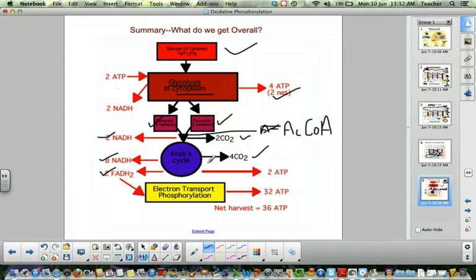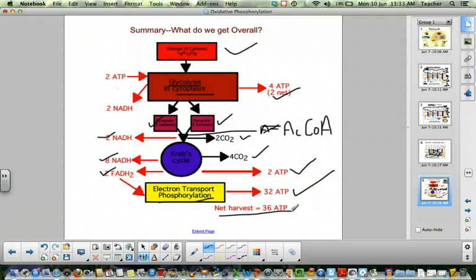Okay, so through the Krebs cycle, only 1 ATP is generated per turn for a total of 2 ATP. So up until the electron transport chain and oxidative phosphorylation, we've only generated 4 ATP. But during the electron transport chain and oxidative phosphorylation, all those funky reactions we just talked about in the previous sections, we generate 32 ATP for a net harvest of 36 ATP.